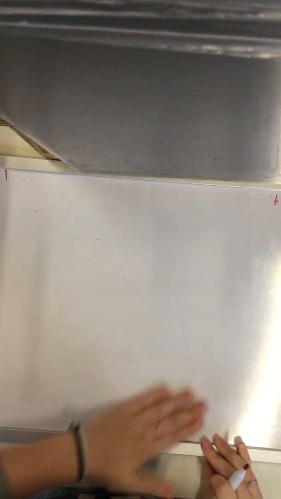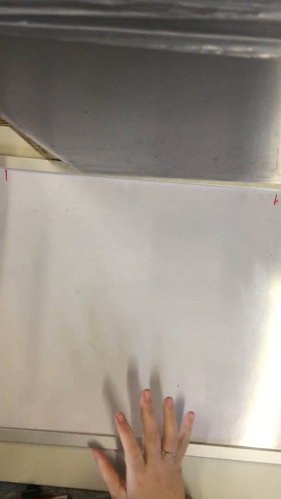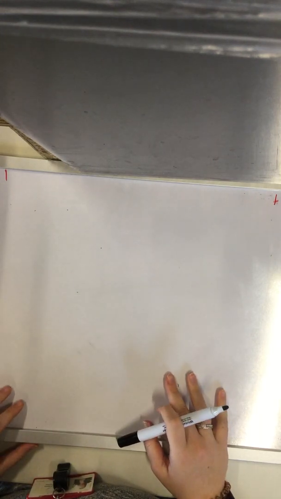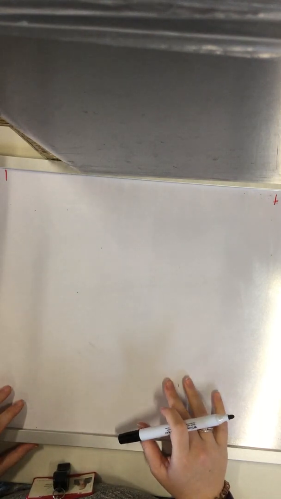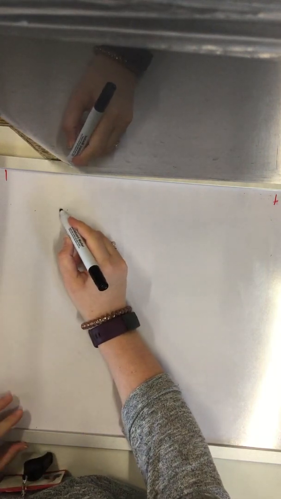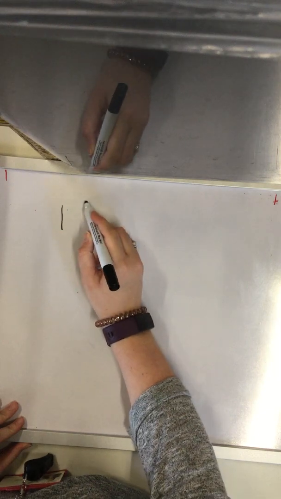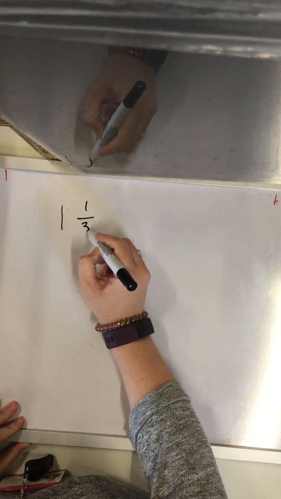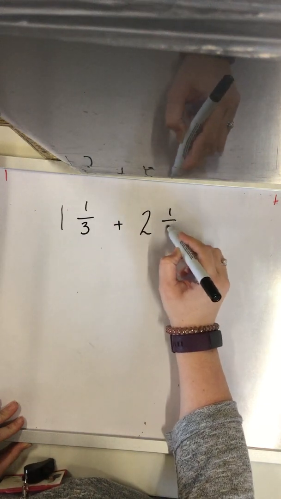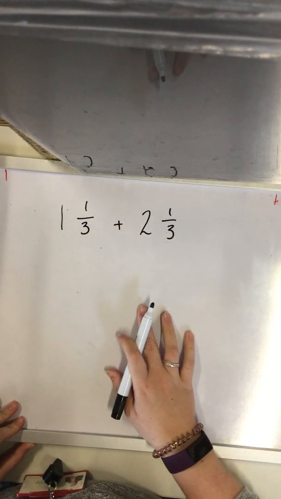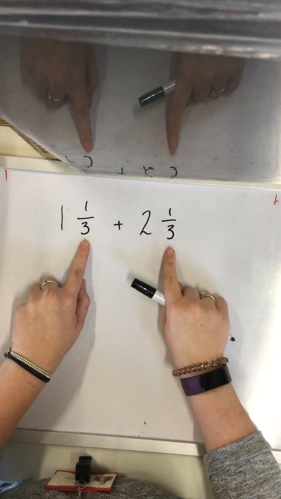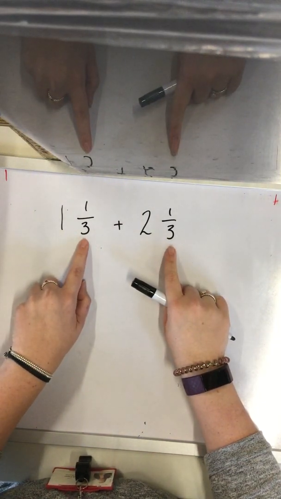So, carrying on with where we left off a little bit last week. We are adding mixed numbers again. Last week we had two mixed numbers, but our denominators were the same.